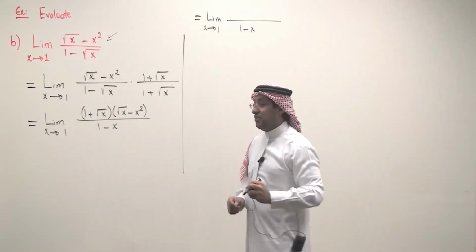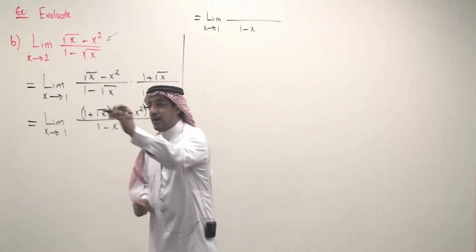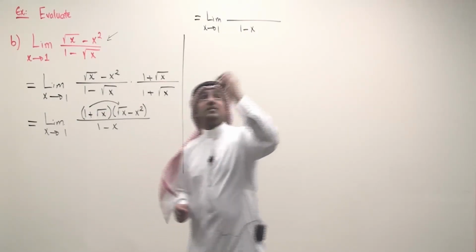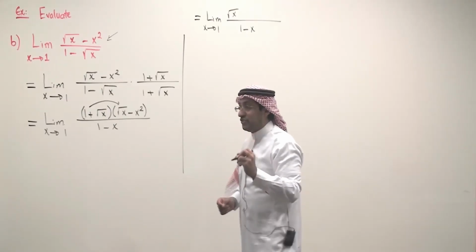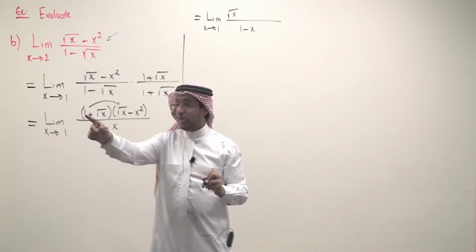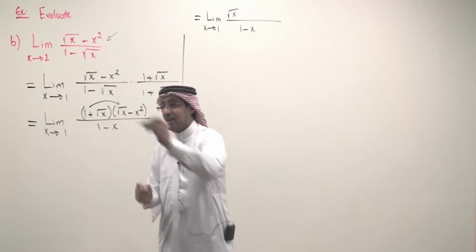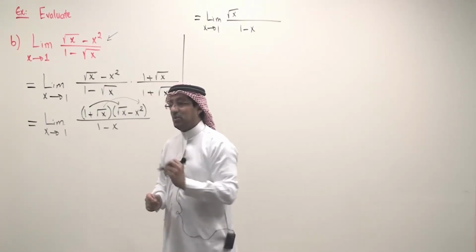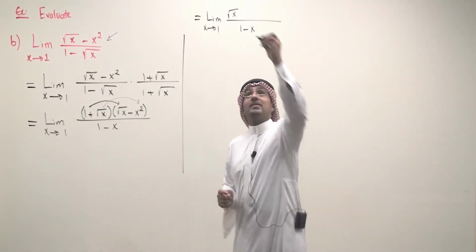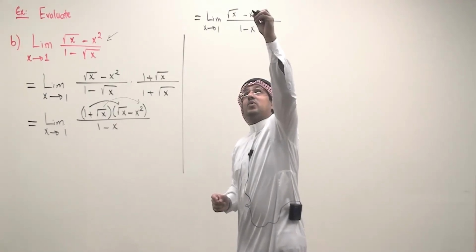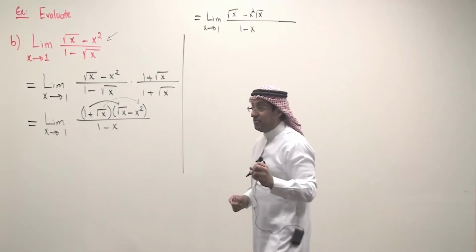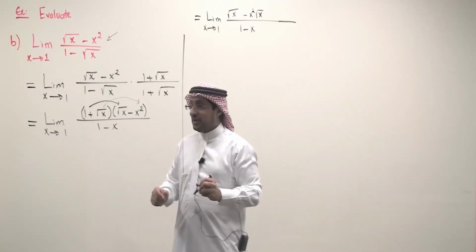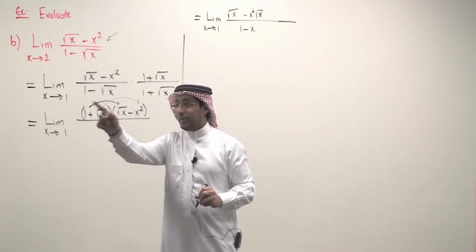Let's multiply the numerator. So 1 times root x, so here is root x. Let me just group the roots together first. So 1 times root x, and here I'm going to get another root, so minus x squared root x. And the terms without roots are going to be what?